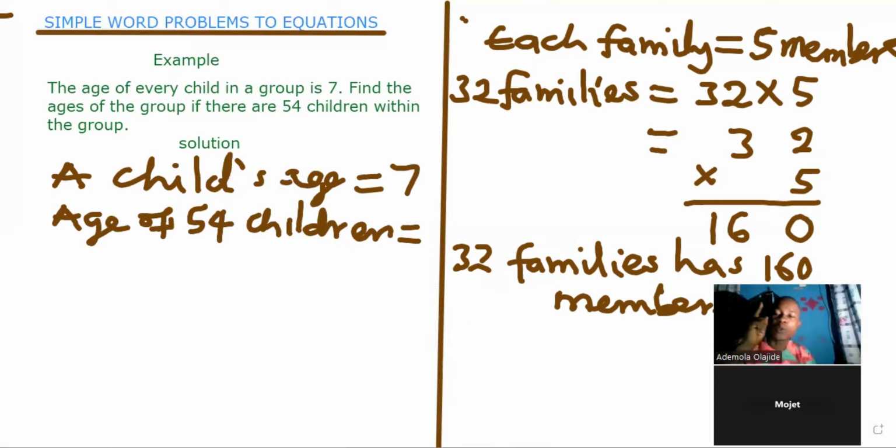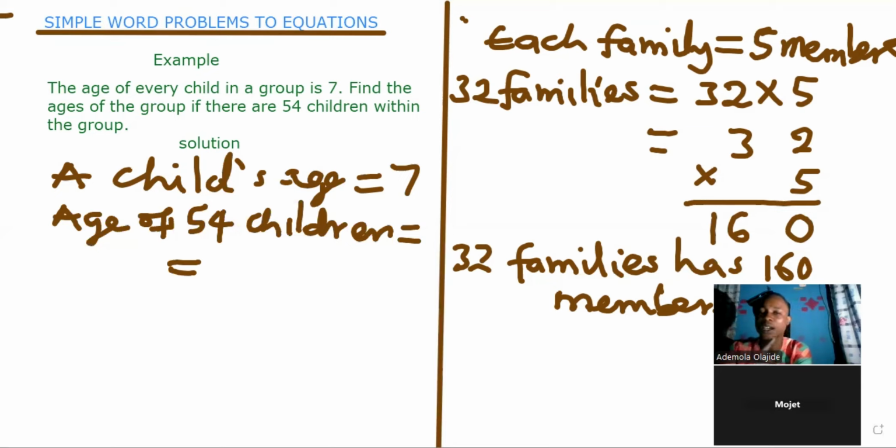Since you know that one child is 7, then for 54 children, how do you get their age? If the age of one child is 7, and you want to get the age of 54 children, what are you doing? We're going to multiply. Exactly. That means 7, 7, 7, because we have 54 children, and each one is 7.